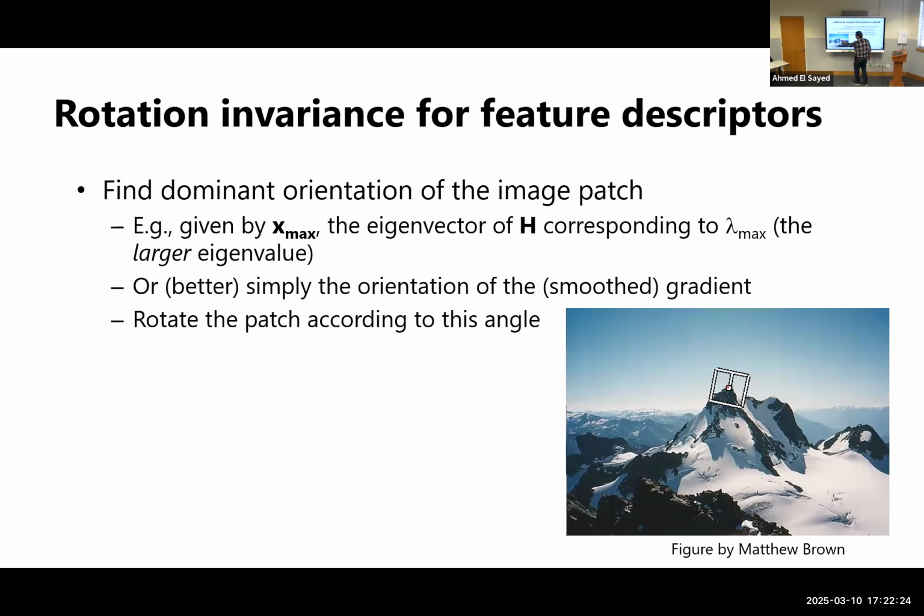The direction of the corner will be the direction of X maximum from the H matrix. Remember the Harris operator? We found the H matrix, remember this? And we found two eigenvalues, one maximum and one minimum, right? The corner is basically determined by the minimum, and the direction is determined by the maximum.